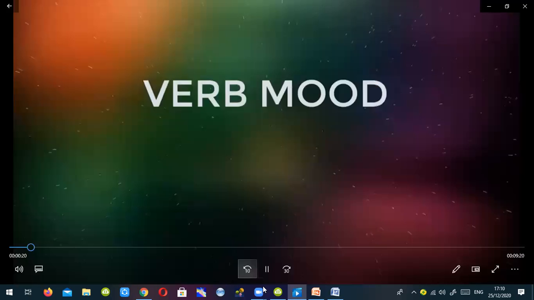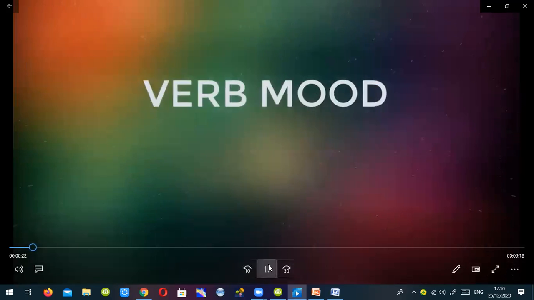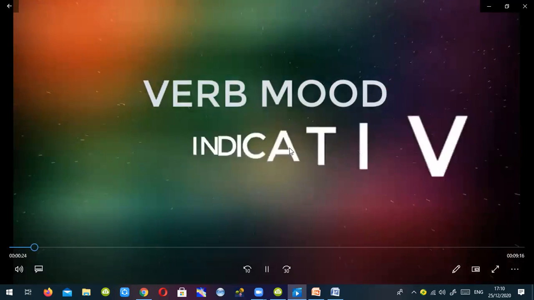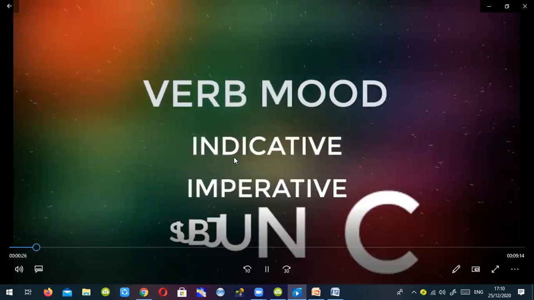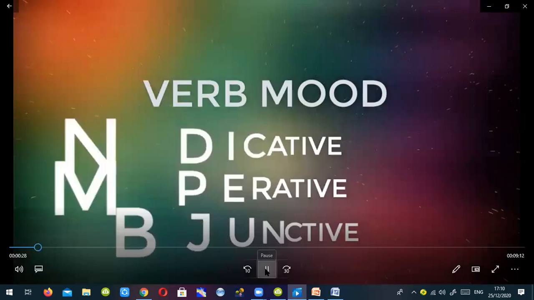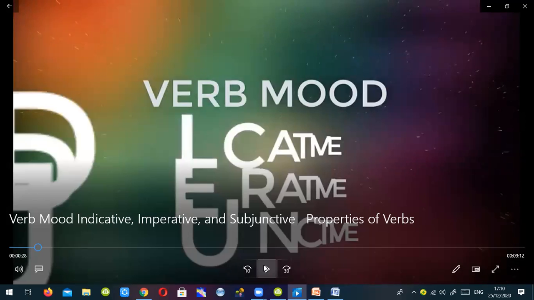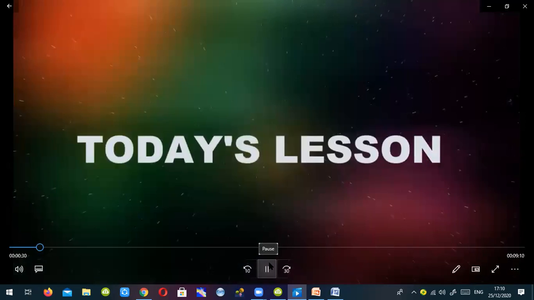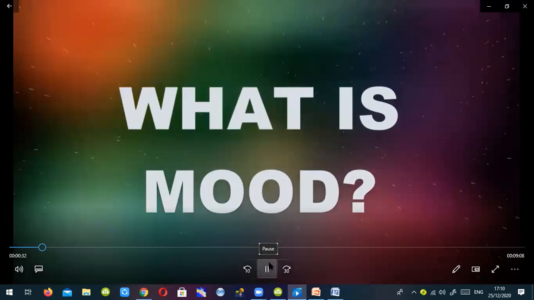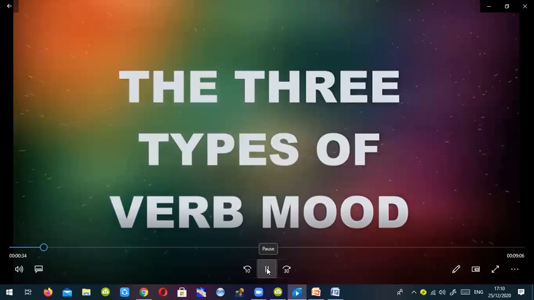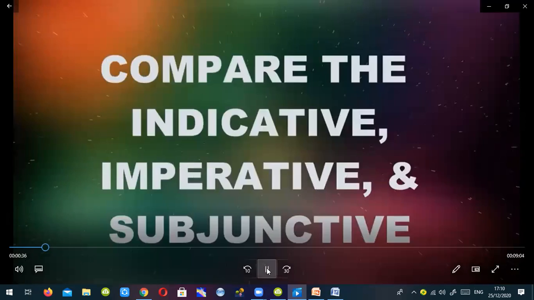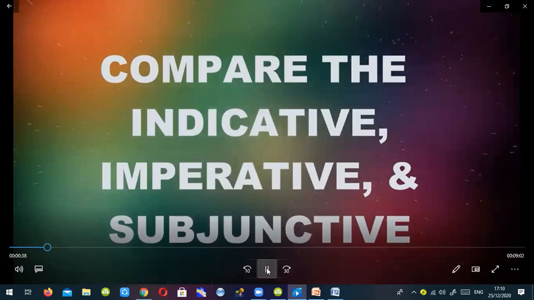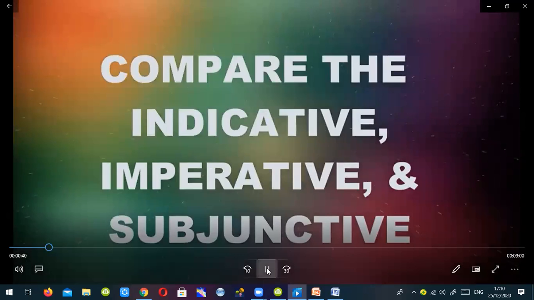In today's lesson, we will learn about the 3 moods of verbs: the indicative, the imperative, and the subjunctive. Today, we will break down the lesson into 3 components. You will learn what mood is, you will learn about the 3 types of verb mood, and we will compare the 3 moods side by side. Examples will be given.